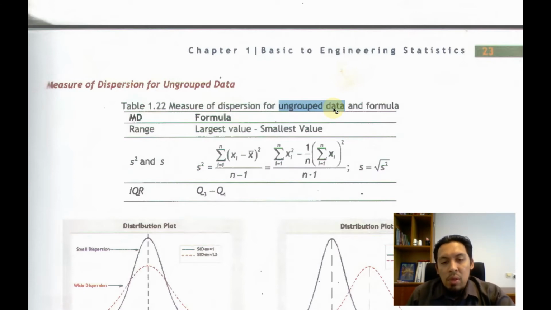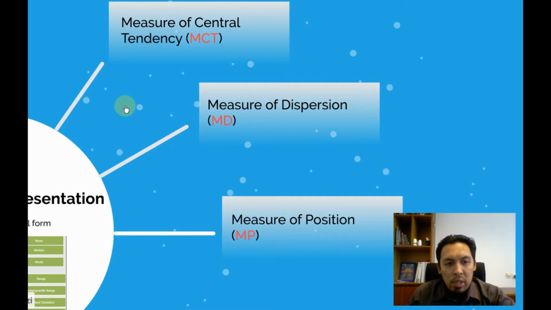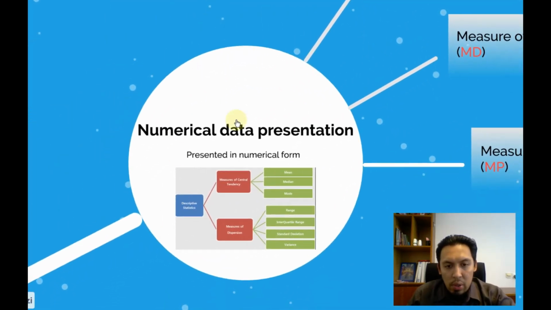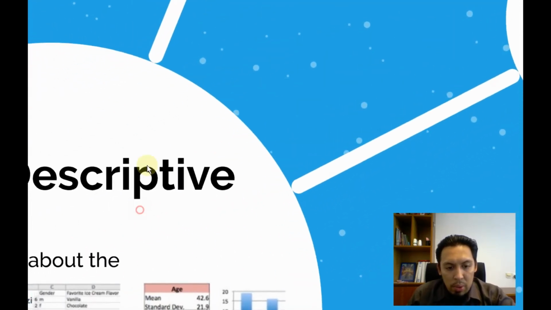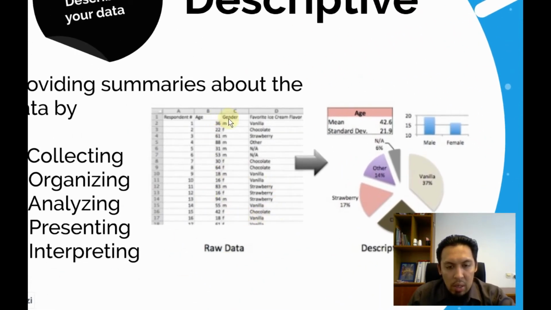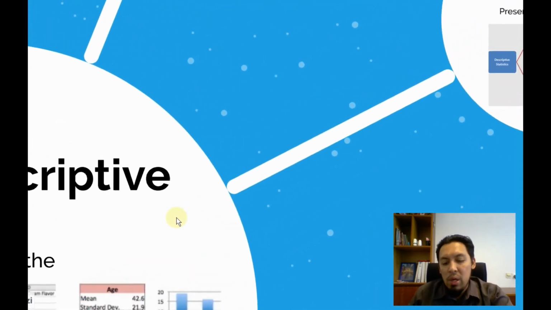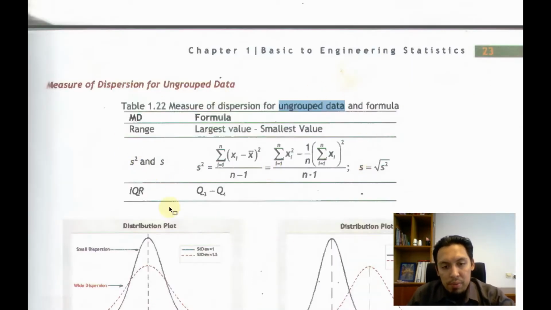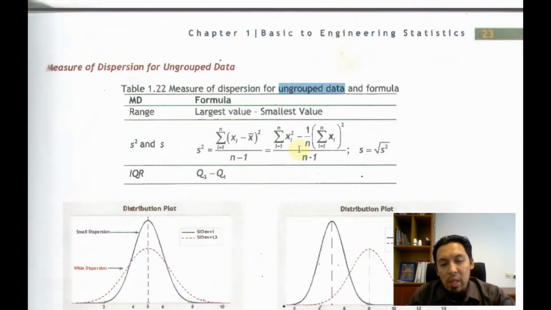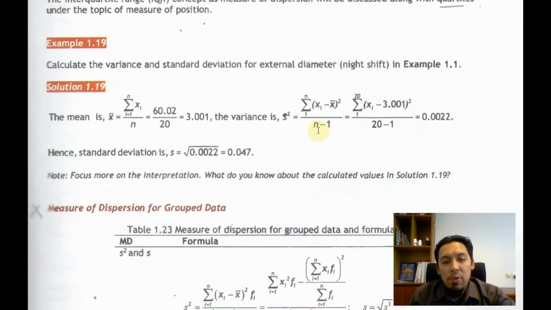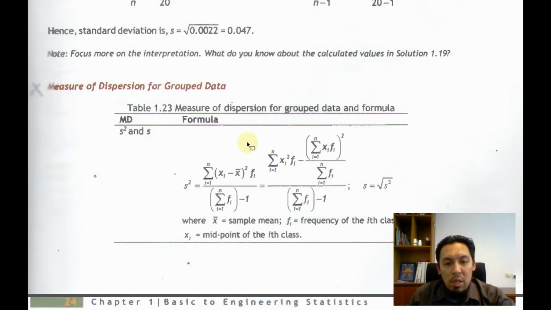This is the kind of data where you have raw data. However, if you have data in a frequency table, it is grouped data, and you can't really use this formula. If your data is grouped data, in the form of a frequency table, you will need to use this other formula.